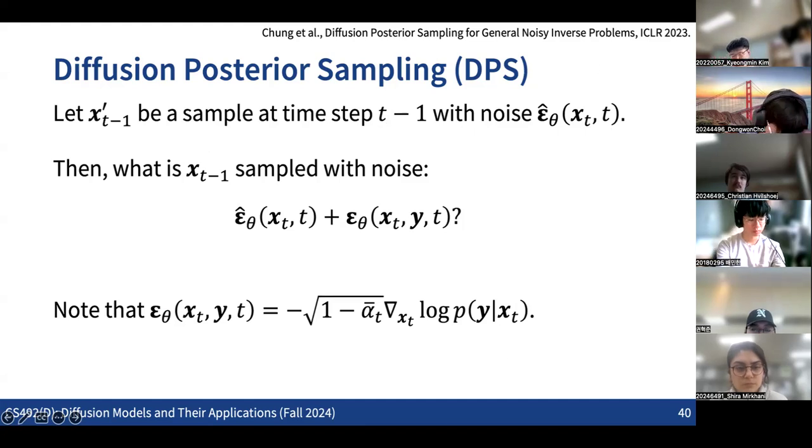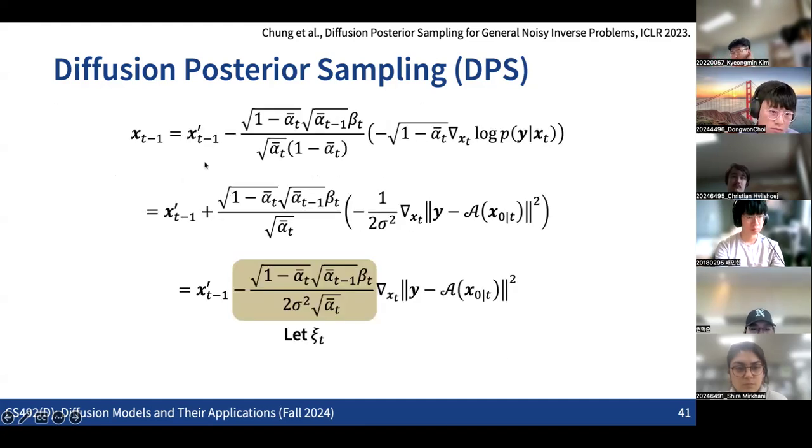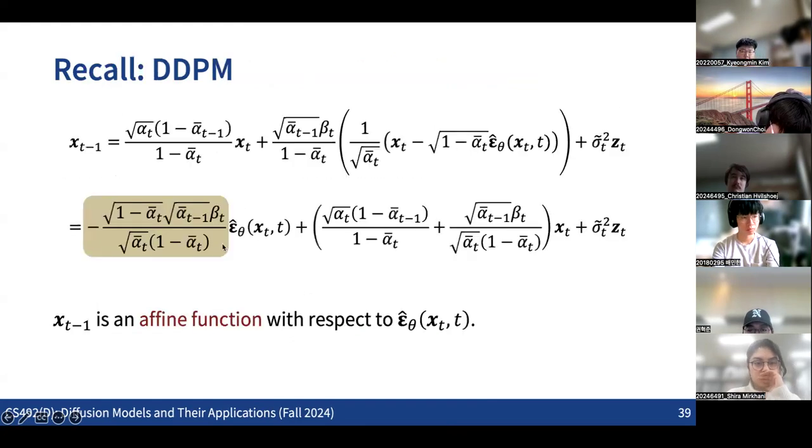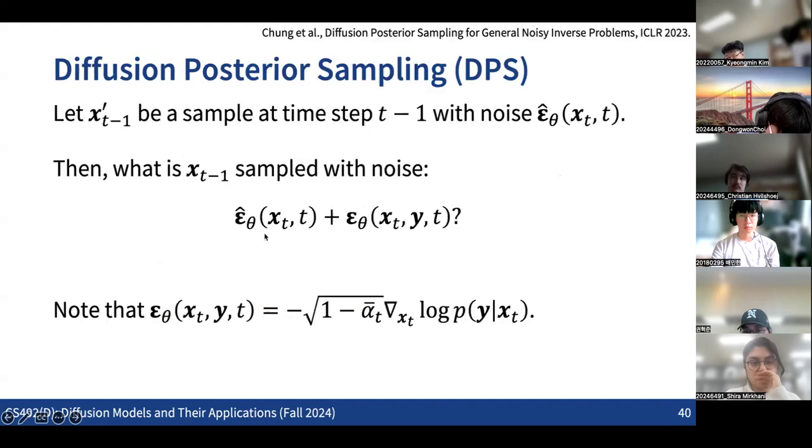You first sample xt minus 1 prime using the unconditional noise. And to get xt minus 1 with the conditional score term, we just need to add this extra term, right? So in this formulation, we are replacing the unconditional noise with the summation of the unconditional noise and the conditional noise.